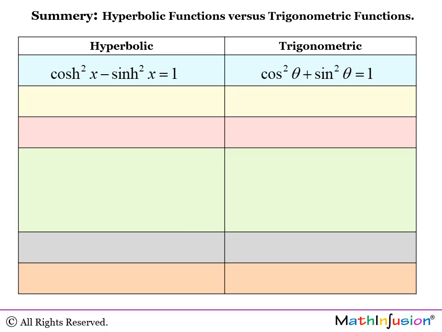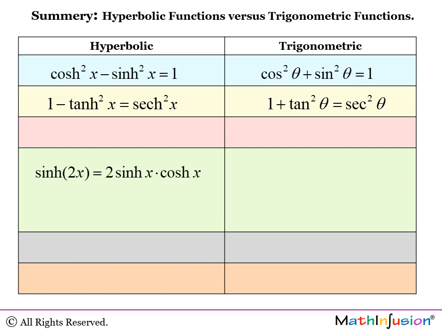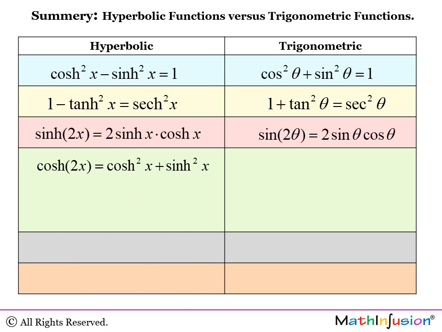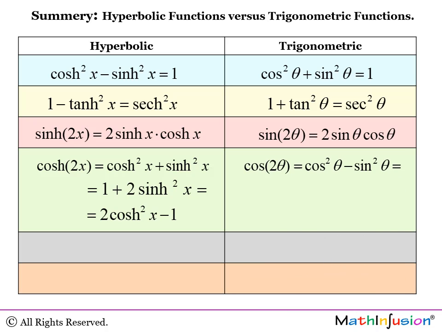Compared to this, then we have this one. Now it is exactly the same. And here we have this and this and this for the cosine hyperbolic of 2x. And here, for cosine 2 theta, we have this, and this, and this.